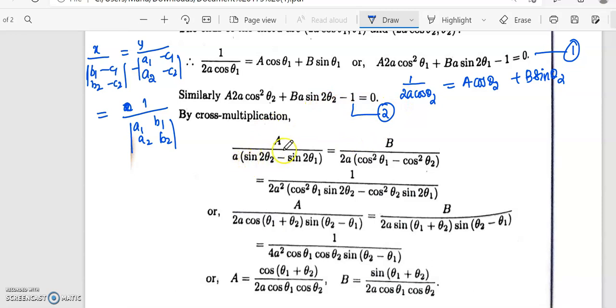So that will give a into sin 2 theta 2 minus sin 2 theta 1. Similarly, for b the denominator is 2a cos square theta 1 minus cos square theta 2, and the last term will be 1 by 2a square cos square theta 1 sin 2 theta 2 minus cos square theta 2 sin 2 theta 1.